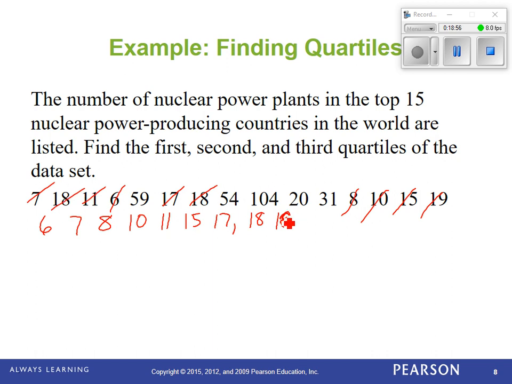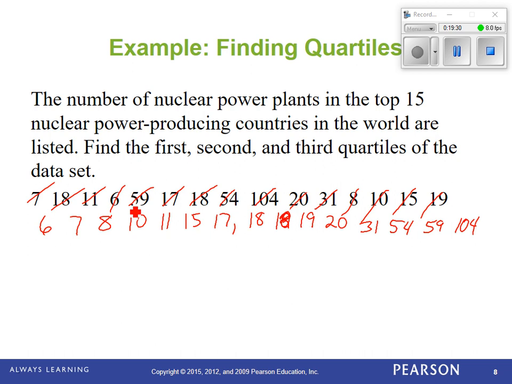We need that 18. Everybody can remember that, right? 19, 20, 31, 54, 59. Did we get them all? 1, 2, 3, 4, 5, 6, 7, 8, 9, 10, 11, 12, 13, 14, 15. Is that what we said, 15?